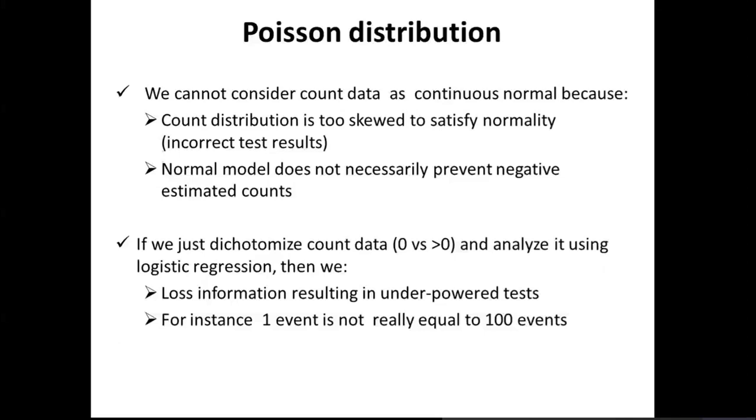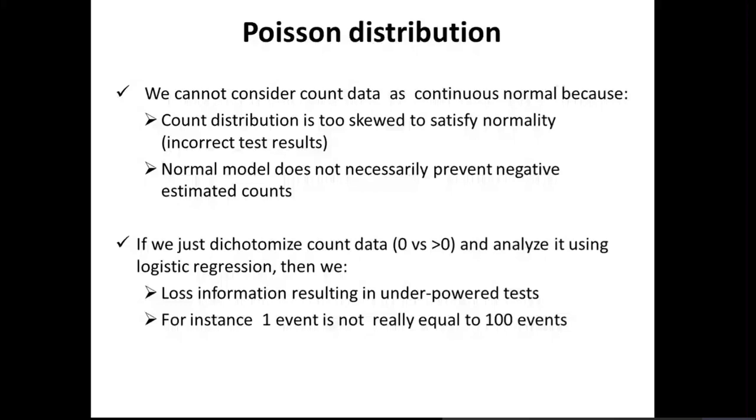We cannot consider count data as continuous normal because count data are usually skewed, okay? They are usually skewed. And normal models do not necessarily prevent negative estimated counts. Because we don't have negative outcomes in the case of count data. But if we approximate it with a normal distribution, then you will have negative counts.